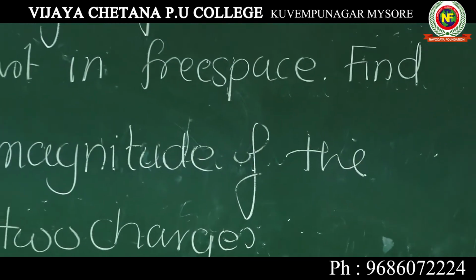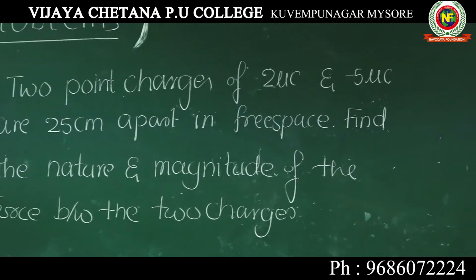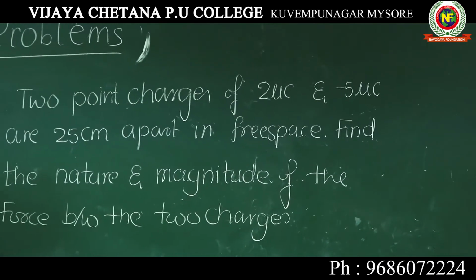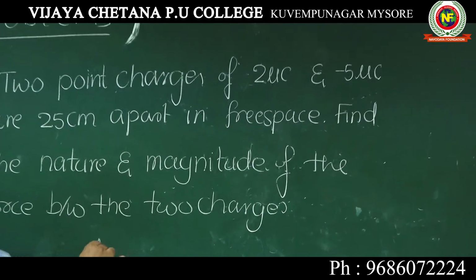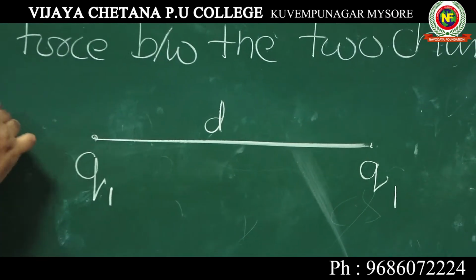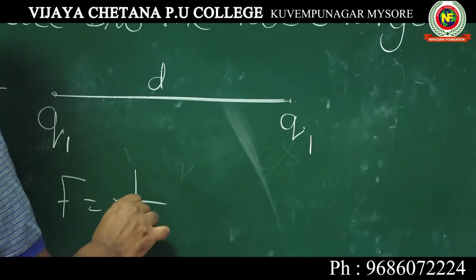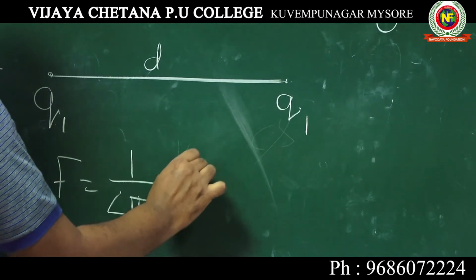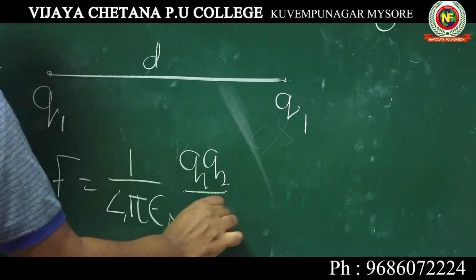This is the question. Very simple question, direct question, easy to answer. We know that if you have two charges separated by a certain distance, the force in between is given by 1 by 4 pi epsilon naught q1 q2 by d square.